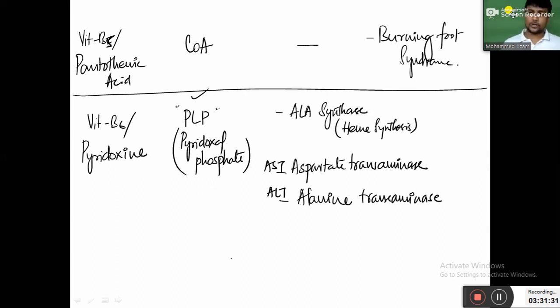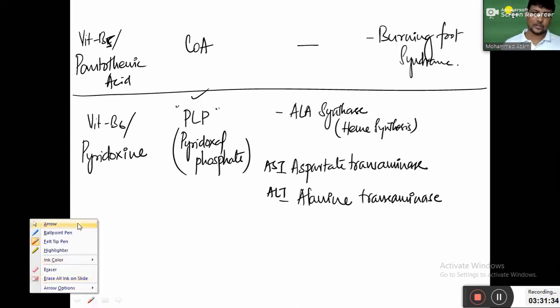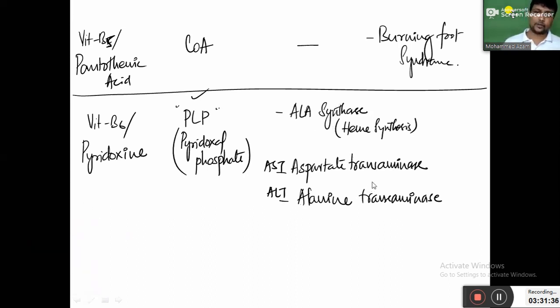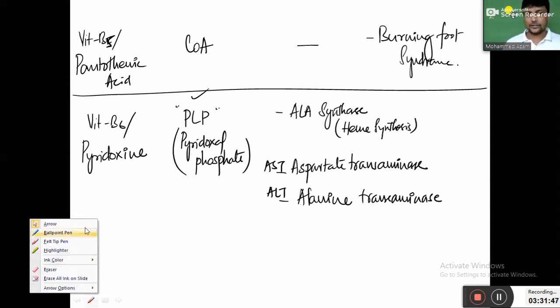So you have to remember three enzymes here: ALA synthase, aspartate transaminase, alanine transaminase. These three enzymes require which coenzyme? PLP, sir. Now, what happens in deficiency?